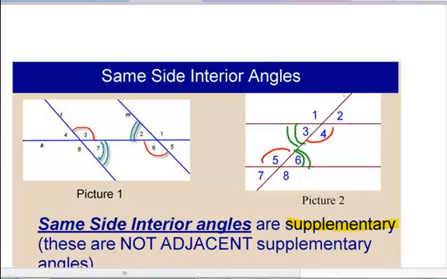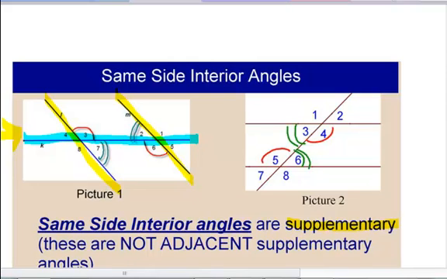Okay, let me show you that by looking at picture 1. We'll reinforce this idea by looking at a picture sideways, or different than we're used to seeing it. So it's on its side. Here we have our two parallel lines, 1, 2. We have our transversal that intersects our two parallel lines.